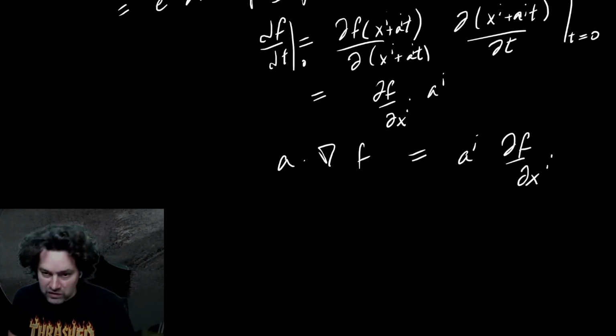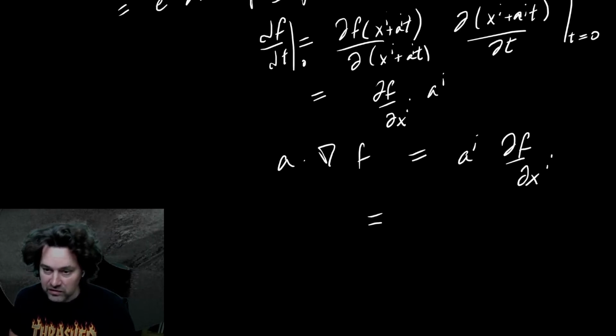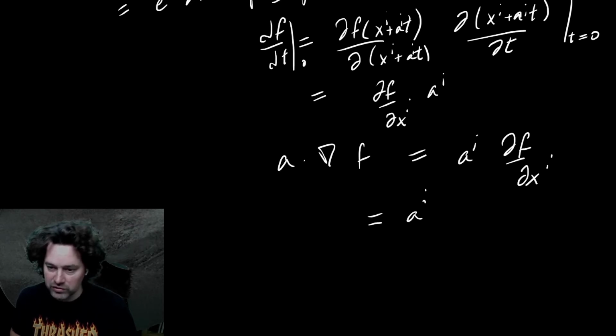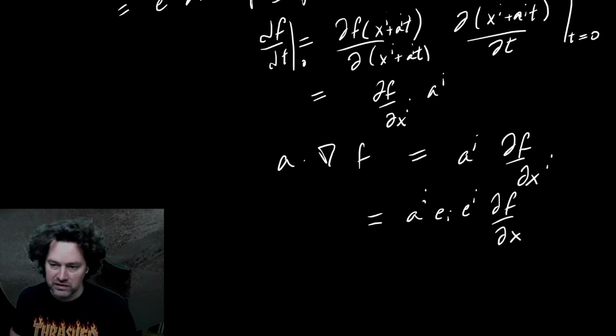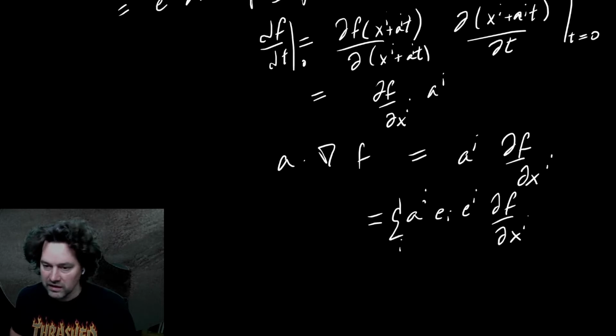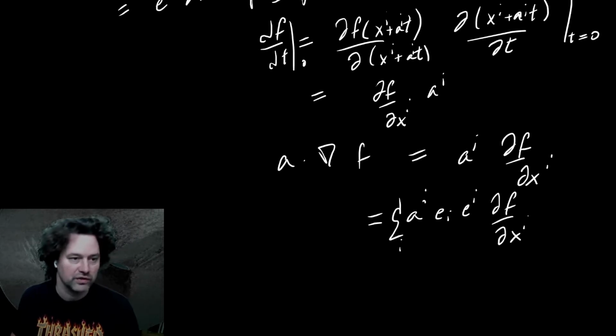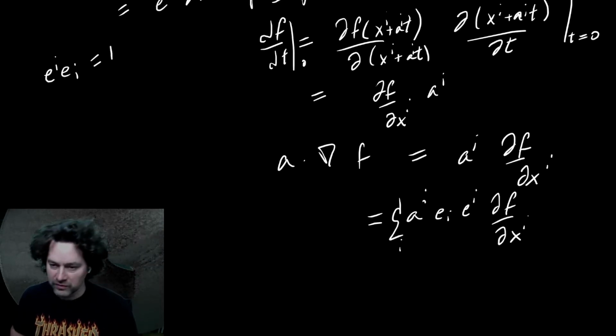So we can tidy this up slightly by introducing a factor of 1, a common trick. So let's say ai times ei times e upper i df dxi. This is the sum over i's, and here we're making use of the fact that ei times e upper i equals 1, because they're reciprocals.